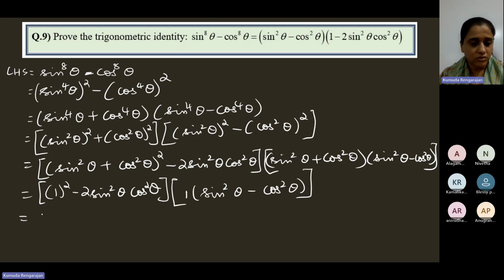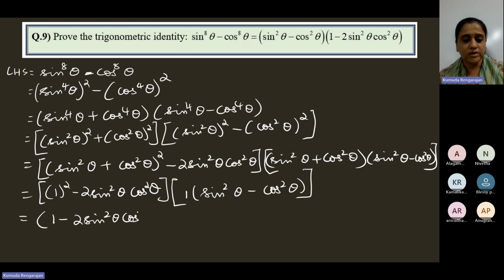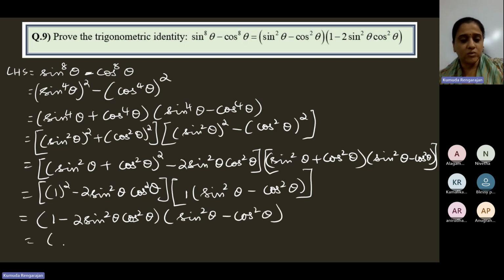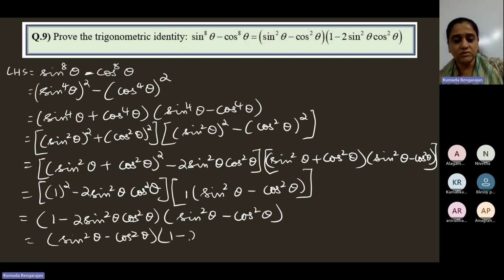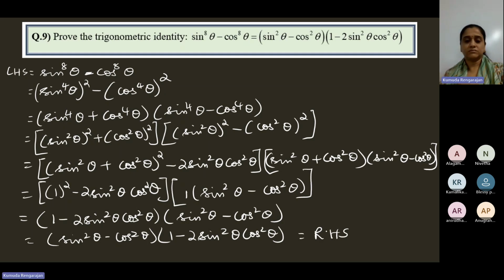So now you can use a simple bracket: 1 minus 2 sine square theta cos square theta into sine square theta minus cos square theta. That's it. We got the RHS. Just write it the other way, in the order we see in the question, which is the RHS. Yeah, write down.